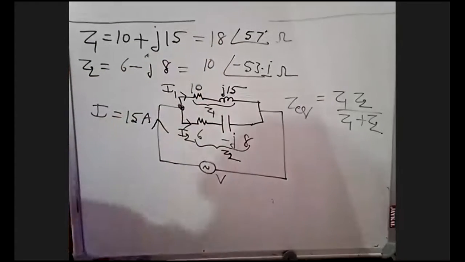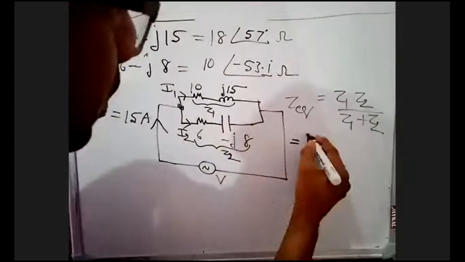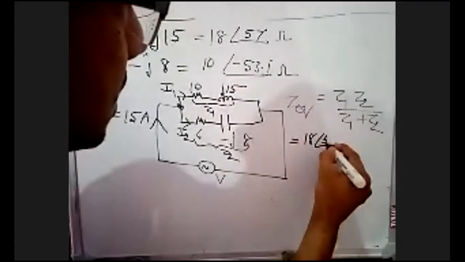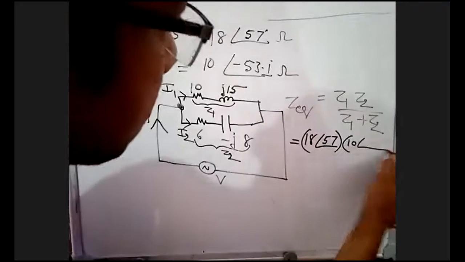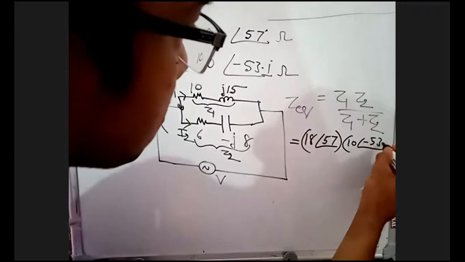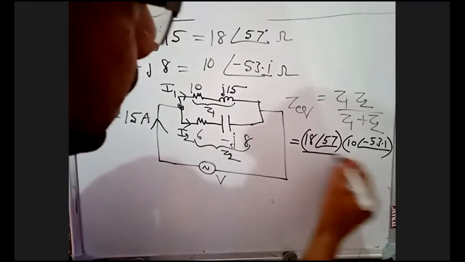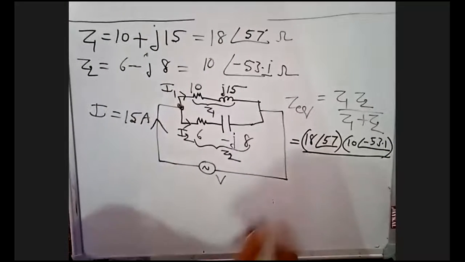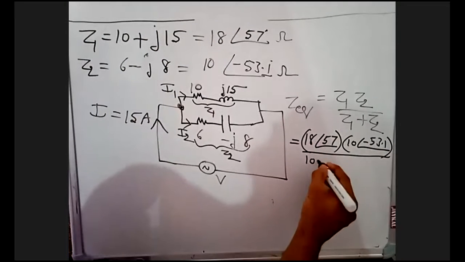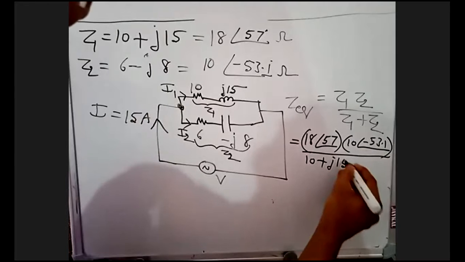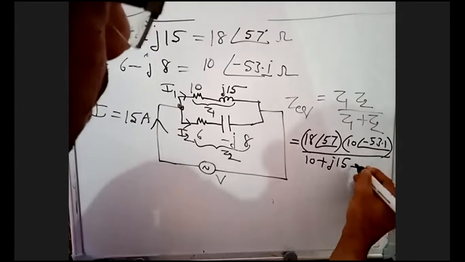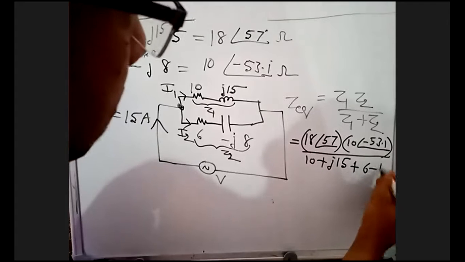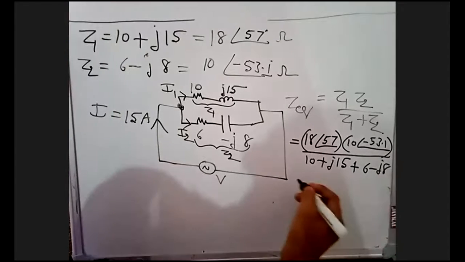18 at an angle 57 into 10 at an angle minus 53.1, divided by, since addition is there in the denominator, take rectangular form: 10 plus J15 plus 6 minus J8.